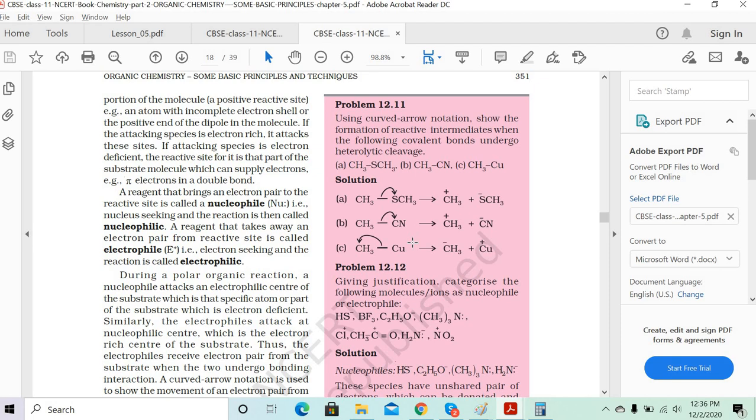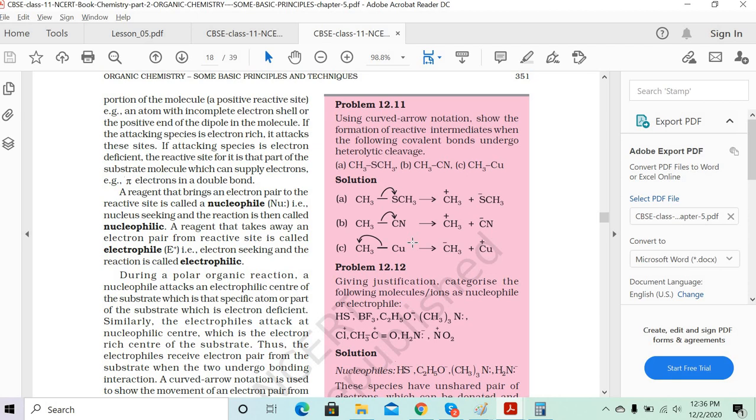Here you have the sulfur combined with the CH3, so there is a single bond between them. Heterolytic cleavage means unequal sharing of the electrons. Sulfur was sharing the electrons with the methyl group, the carbon atom.